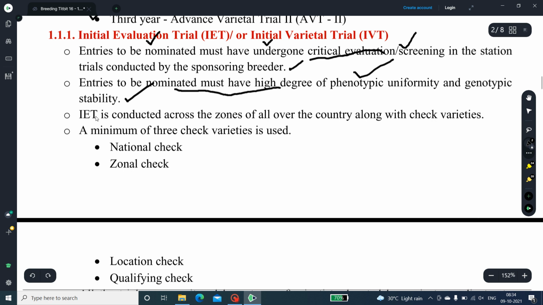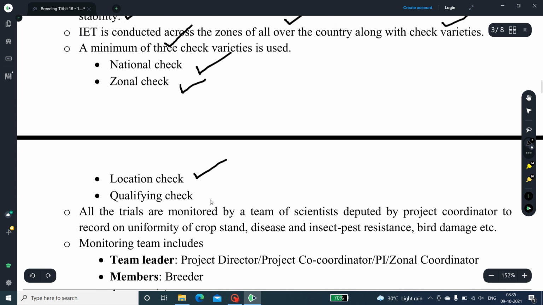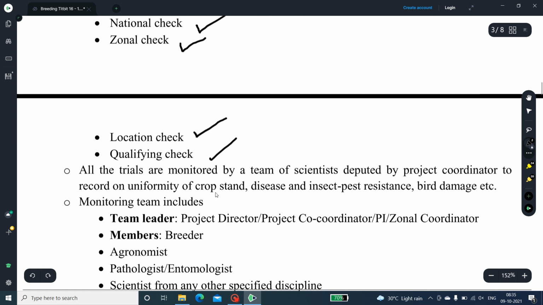The initial evaluation trial is conducted across the zones all over the country along with check varieties. A minimum of 3 check varieties are to be used, and may be a national check, zonal check, location check or qualifying check.